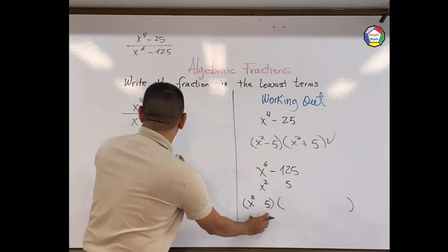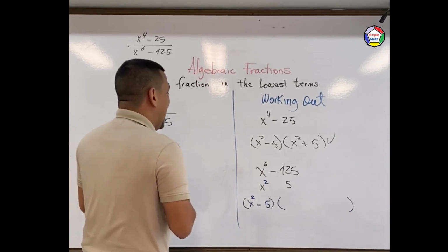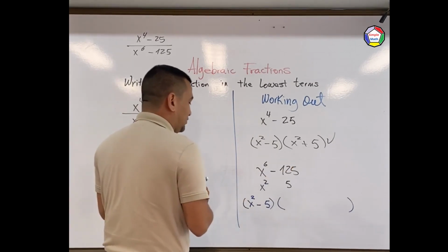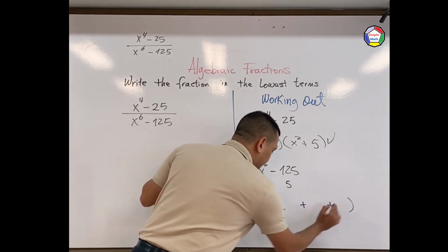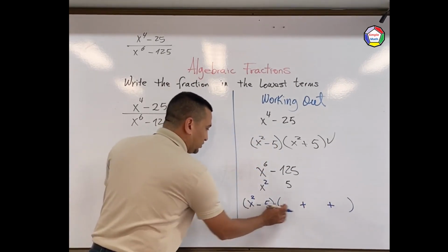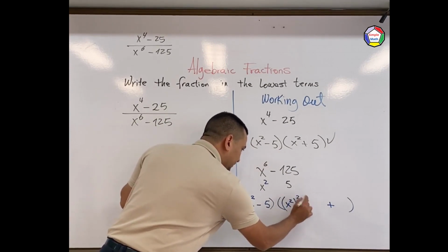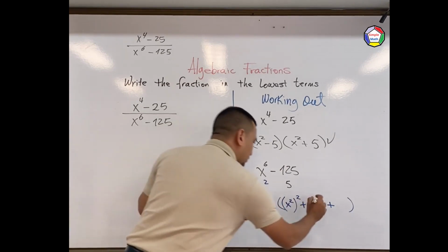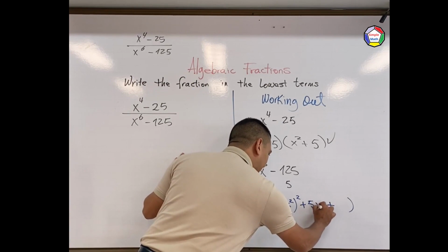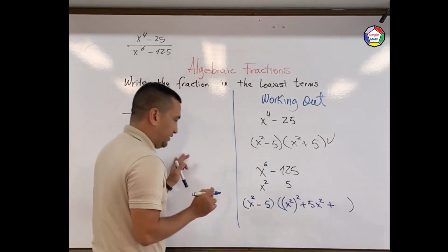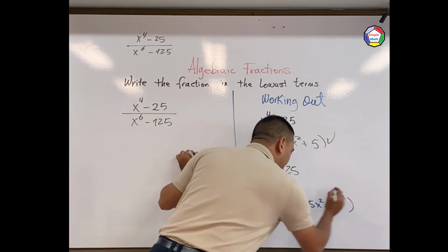The first sign is negative, and the other signs are positive, positive. In the long parenthesis, we write the first root and raise it to the power of 2. In the middle, we multiply these two things, which is 5 times x squared, 5x squared. And here we write the second root, and we raise it to the power of 2.